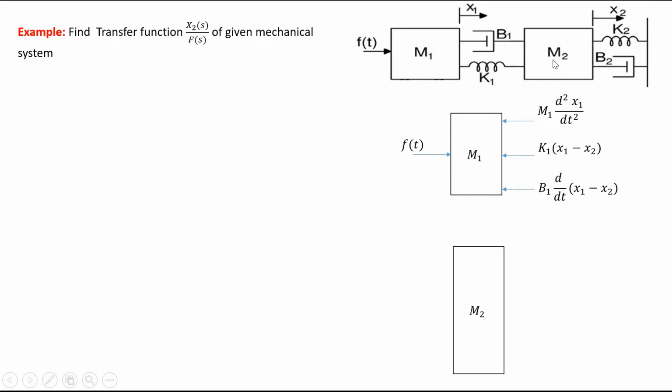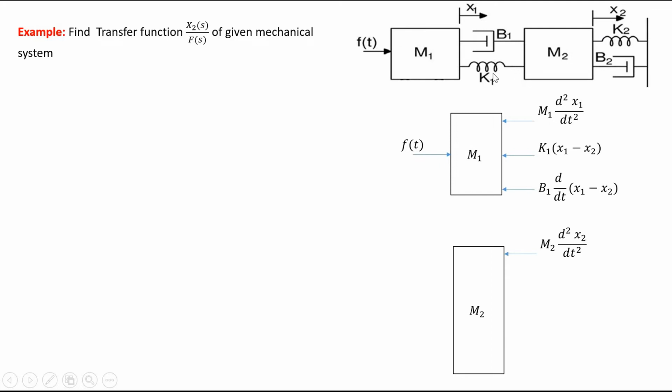Next, the free body diagram of m2. For m2 there is no applied force, so only the opposing forces will be there. The opposing forces are due to b1, k1, m2, and k2, b2. First, the mass itself: m2 d²x2/dt², since we are considering this mass, x2.